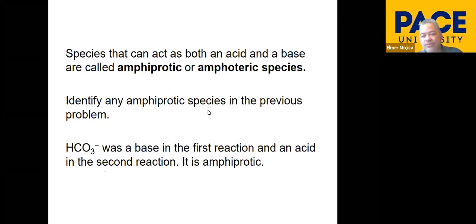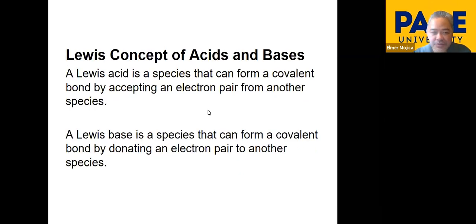And if one accepts the hydrogen, the resulting product is its conjugate acid. We also discussed some species that can act both as an acid and a base depending on the other species, and we call these amphiprotic or amphoteric species.